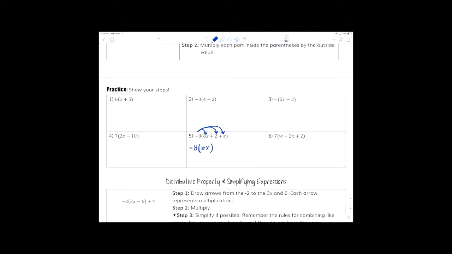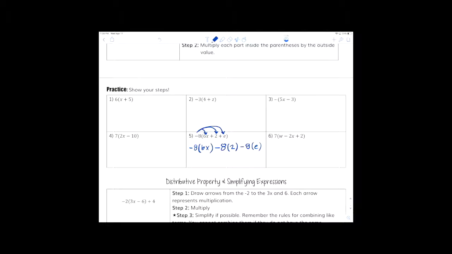And then next here, I'm going to write a negative 8 because I'm distributing a negative 8. Okay? And what term am I distributing that to? The 2. Good. And then what's this last part here? What does that last part look like? Good. Negative 8 times that last term, which is an e.